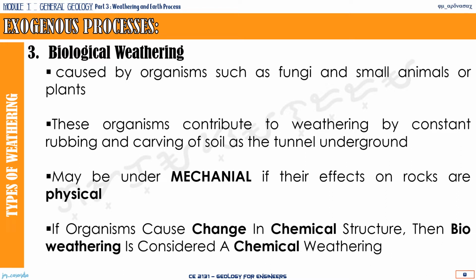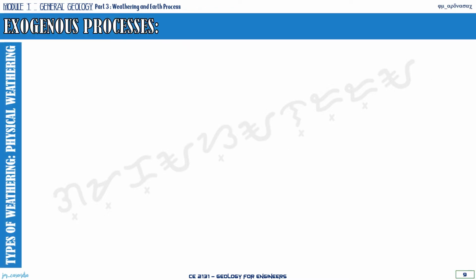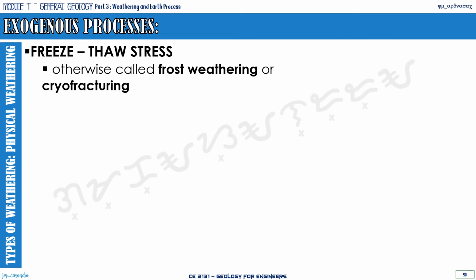Okay? So to understand the two types of weathering, let's have some examples of them. Under physical weathering, we have freeze-thaw stress, also known as frost weathering or cryofracturing. So what happens in freeze-thaw stress?